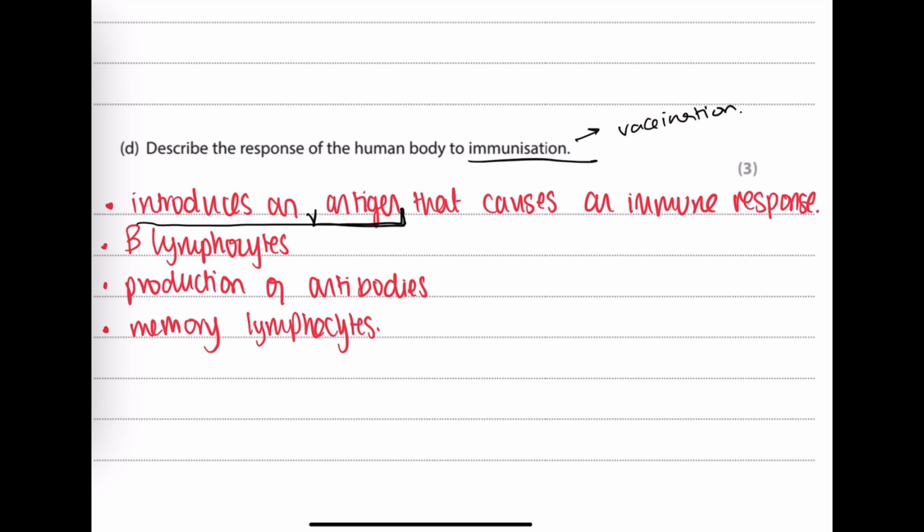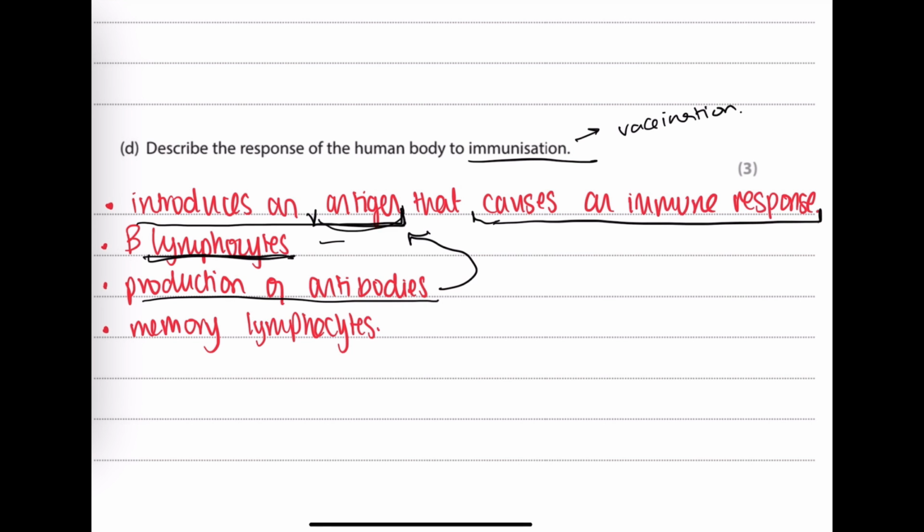So this causes an immune response, and what the immune response is that B lymphocytes produce antibodies, and these antibodies go against the antigens, conquer them, and eradicate them.